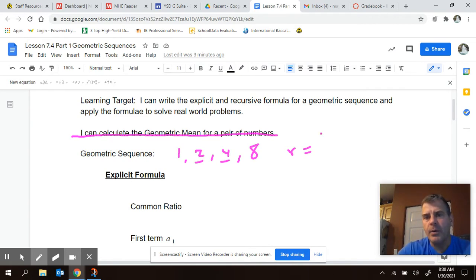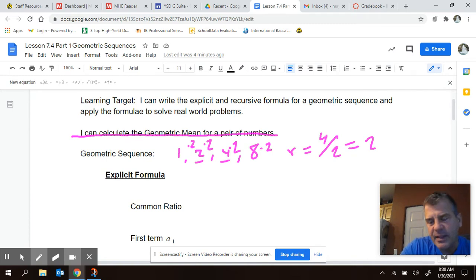Again, this is all review from your past experience. In this case, the ratio would be 2. And so each time we're multiplying by 2 to get the next term.